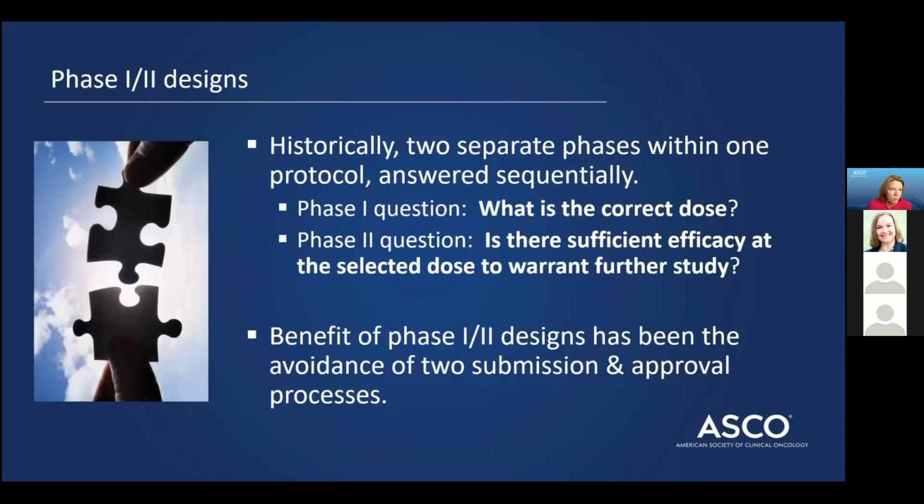The historical benefit of this, doing them in one protocol, a lot of it has been really to avoid having to have 2 different submissions and 2 different approval processes. So what that means is you would have to go through a scientific review for 2 different protocols versus one. You'd have to go through IRB review for multiple of them, and then there's just a lot of sort of red tape involved with getting 2 protocols up and running versus simply one.